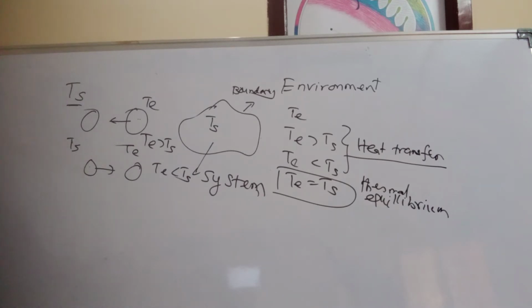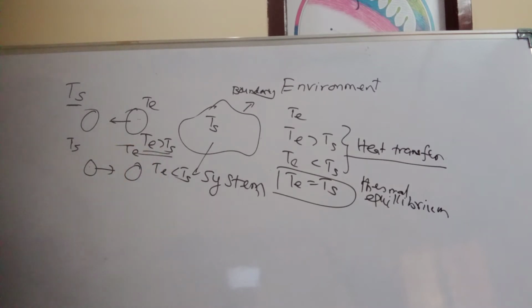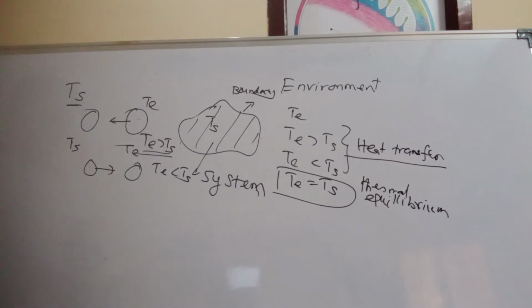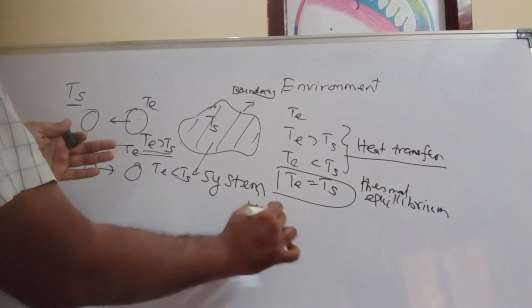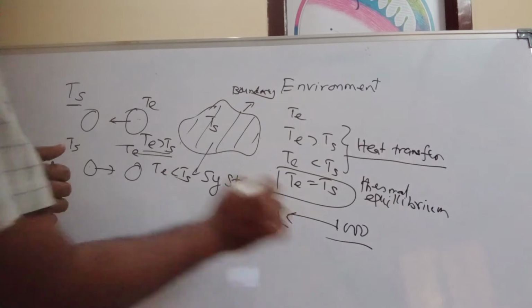So here we need to understand one thing, that this transfer of heat means transfer of energy. That means some work is done. So here when you say that environment has more temperature and it is giving some heat to the system, imagine this like a person. This person has some account. In his account there are 100 rupees. Someone has some 1000 rupees. He gave some money.